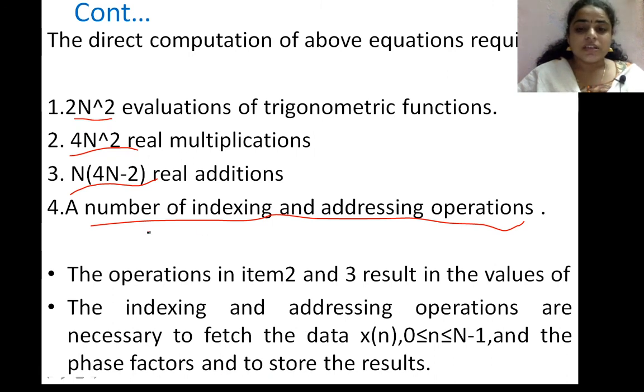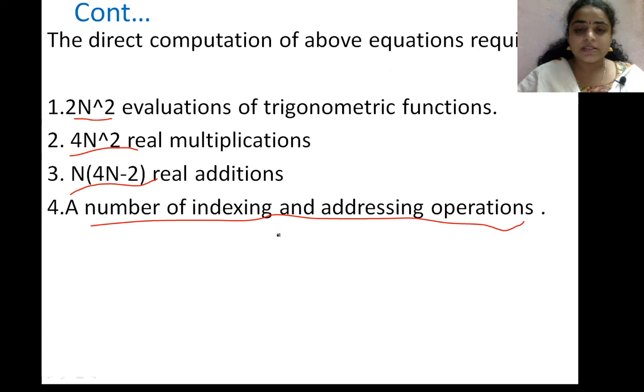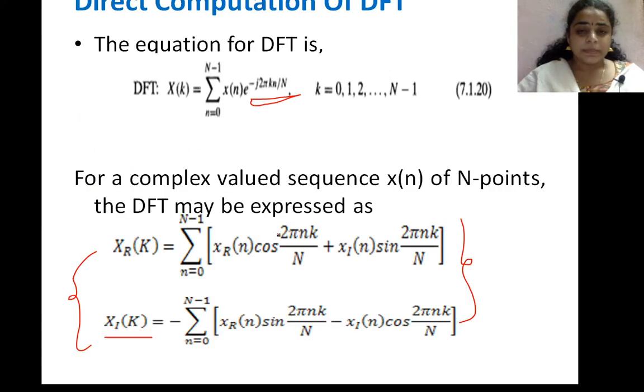Let me be clear about what indexing and addressing operations mean. If you substitute the value xr plus j into xi here, and cos minus j sin of this value here, then those values have to be stored in the memory, and every time in the computation we have to go back to the memory and fetch those values to do further calculations.